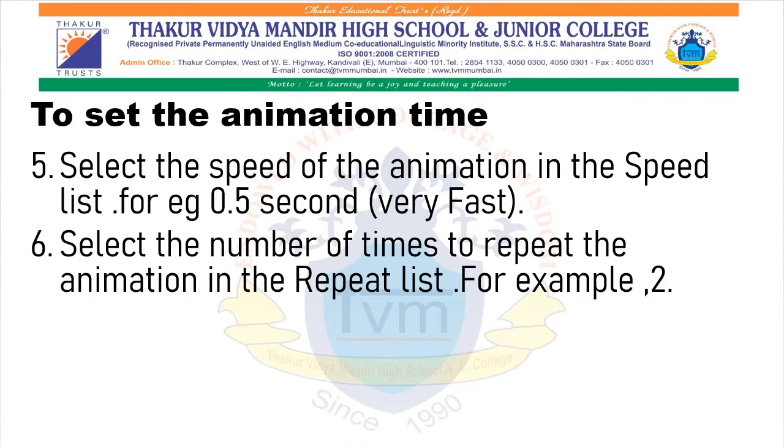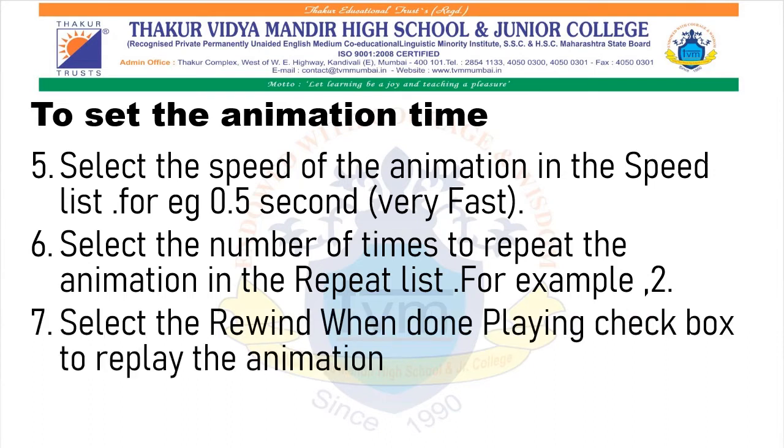When we select the number, that particular animation will repeat twice on the particular text or object. Now the last option is select the rewind when done playing checkbox to replay the animation. This checkbox will help us to replay one animation again and again.